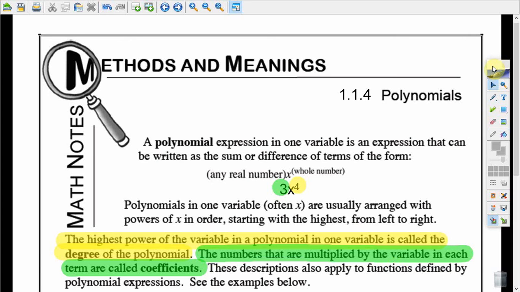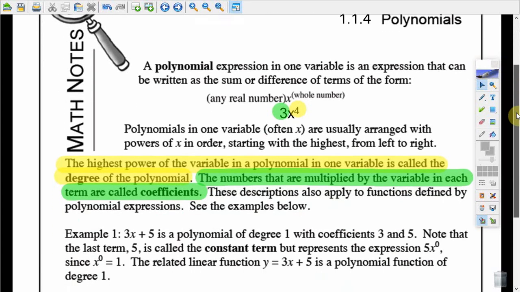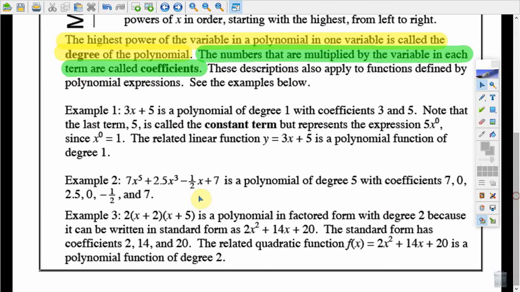Let's look at some examples below. Example number 1: 3x plus 5 is a polynomial of degree 1 with coefficients 3 and 5. That's because the power of x right there is x to the first power.